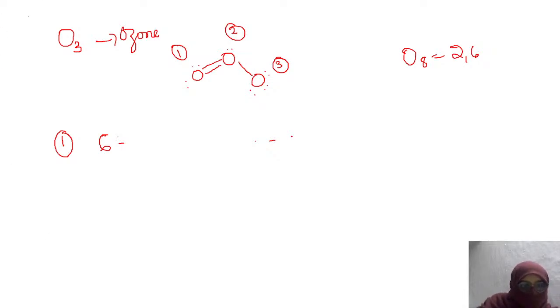So it's 4 minus the bond electrons, and you should get 0. It is 6 minus 4 minus 2, you're getting 0. Yes, so this is right actually. So the formal charge for the oxygen in this case is 0.